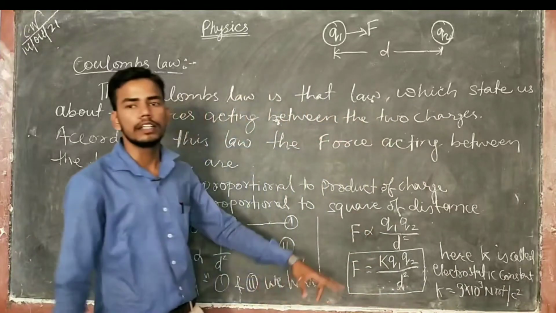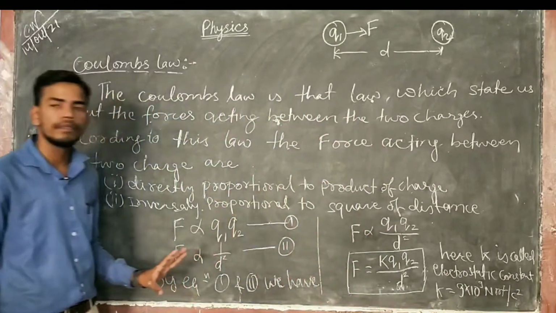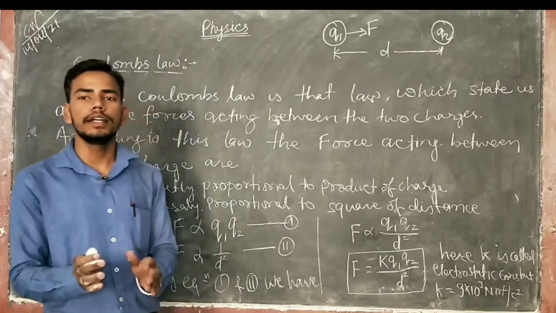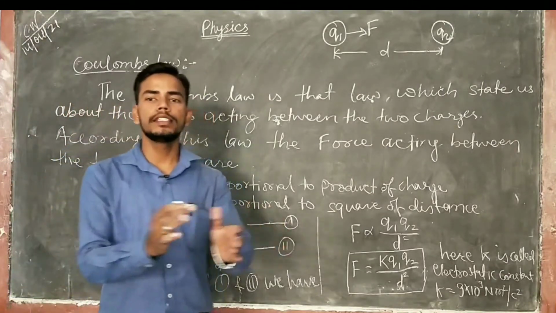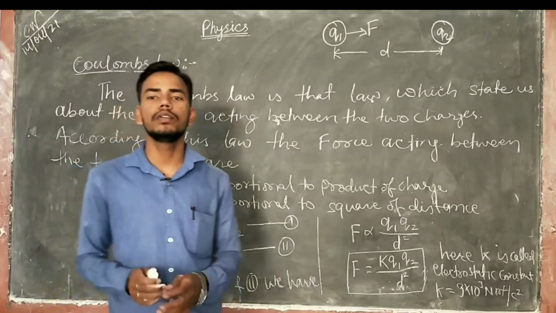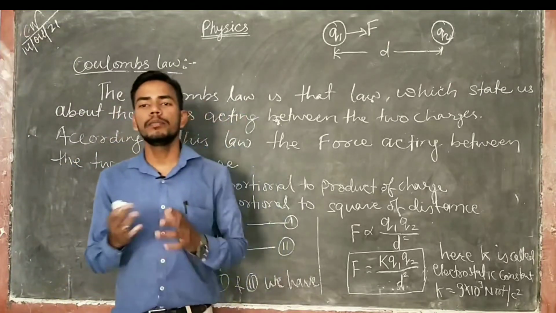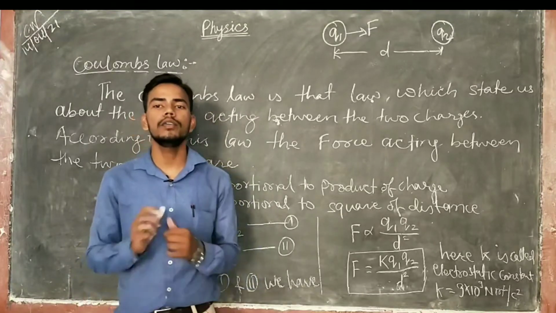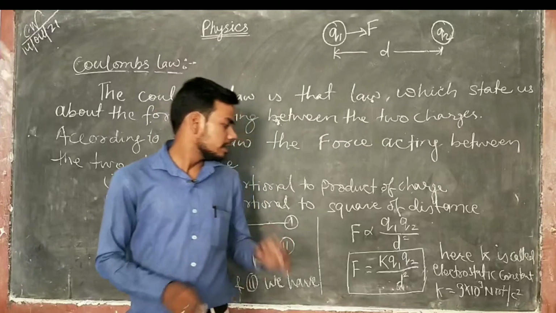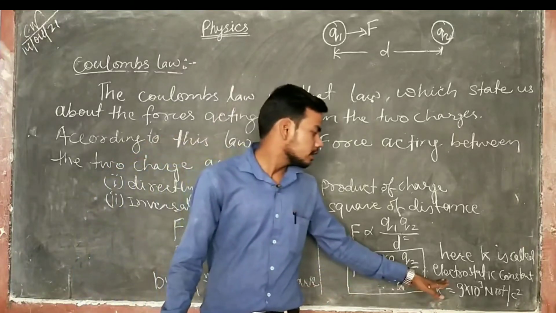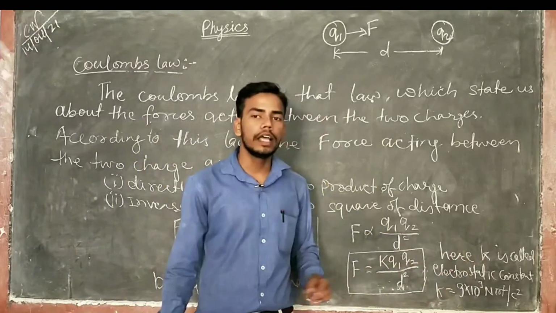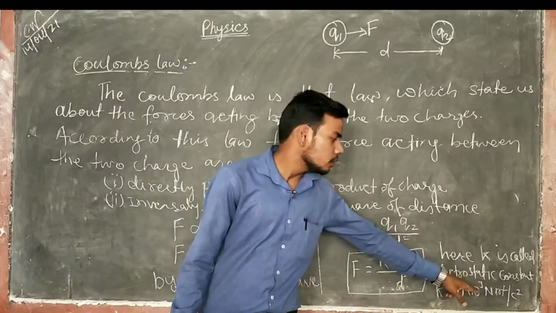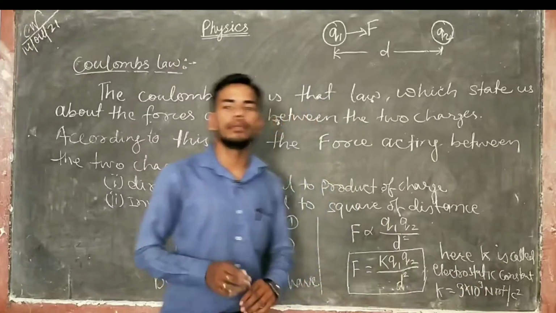Okay guys, so that's the value of K. K इलेक्ट्रोस्टैटिक कांस्टेंट है, जो कांस्टेंट हमें किसी भी मीडियम में चार्जेस के बीच फोर्स ऑफ अट्रैक्शन को एक्ट होने के लिए पोज करता है कि कितना फोर्स ऑफ अट्रैक्शन वहां पे एक्ट होगा, कितना नहीं होगा. ओके, सो दैट वुड बी नोन एज इलेक्ट्रोस्टैटिक कांस्टेंट and its value will be 9 into 10 to the power 9 Newton meter square per Coulomb square.